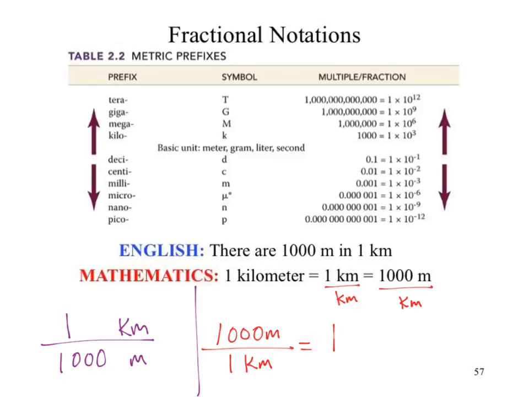And this, depending on what I'm trying to do, will allow me to play around with my units. Which means whenever we encounter an equality, we can set it up as a fraction, and it probably makes sense to immediately write it into that fractional state. Because as we'll find, when we go through to do our conversions, we will be using fractions, numerator and denominator. The sooner you can accept and use that method, the better off you'll be.